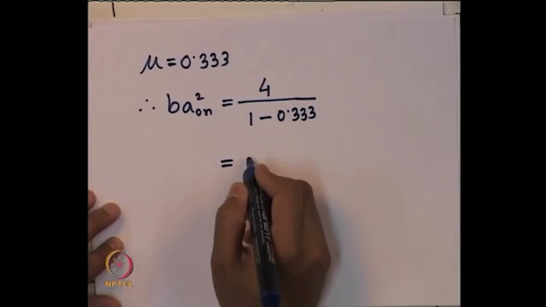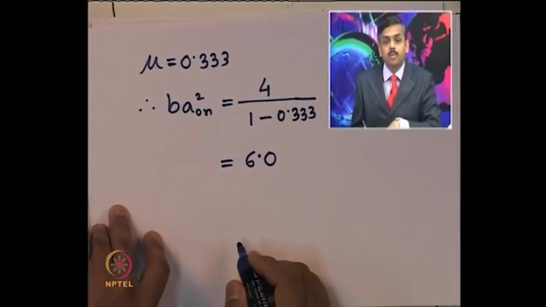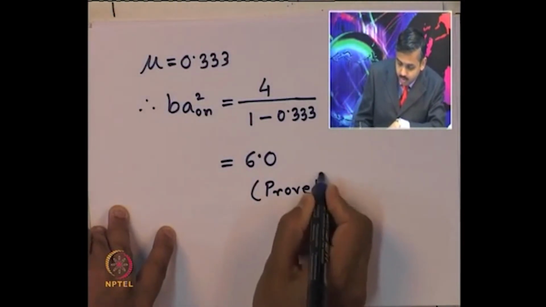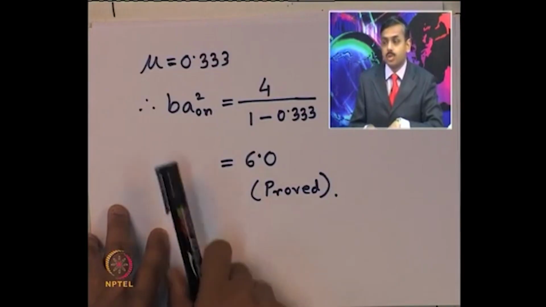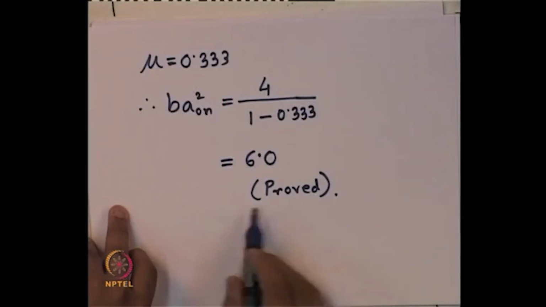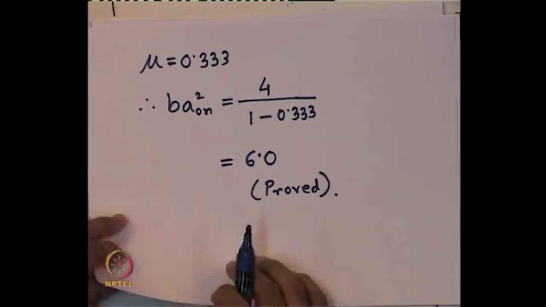This will give us the solution, B A naught n square equals 6. So, proved. That was the question which was asked in our first question. If we look at the slide here, it says prove that B times A naught n square is equal to 6 for a soil with Poisson's ratio of 0.333. So, that is what we have established here. This is equal to 6. That completes problem number 1.